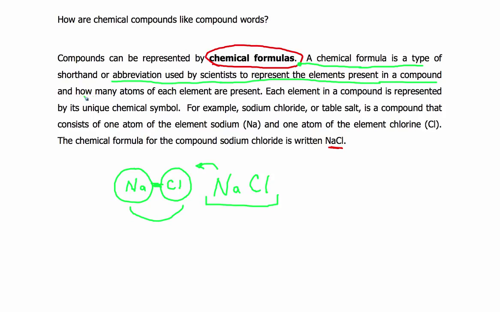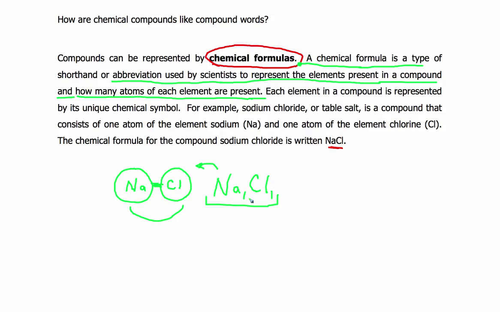Now, it also tells us how many atoms of each element are present. So you might say to me, well, Mr. Woods, I don't see any numbers down here that tell me how many atoms are going to be in sodium chloride. Okay, when there are no numbers written down here, it's understood that there's a little number 1 down there.